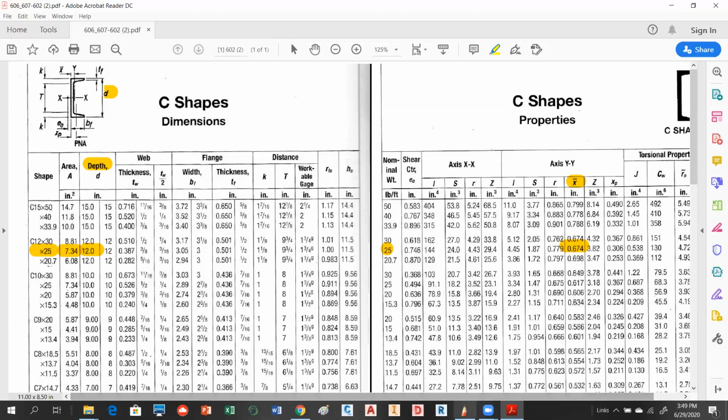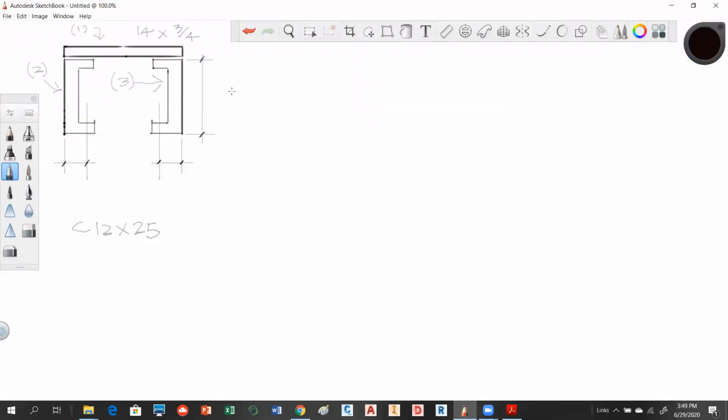So let's go back to our picture. And this is exactly 12 right here. So that's 12 inches. And this is 0.674 inches. So those are the distances from the back edge to the centroidal, what they're calling the y-axis, and it's actually the x-bar in this example for that thing.